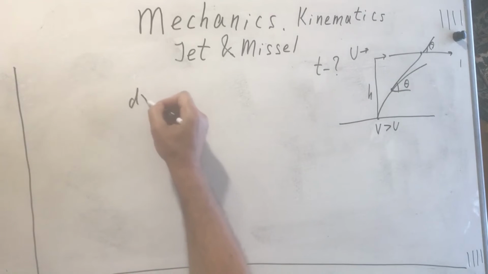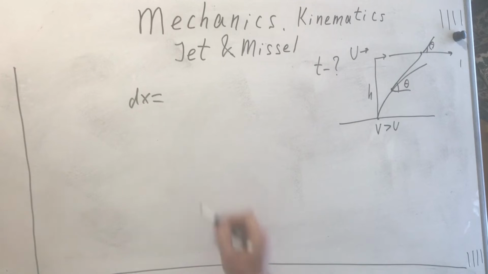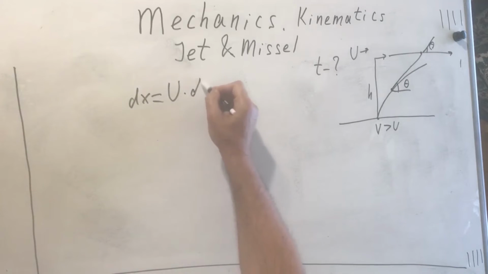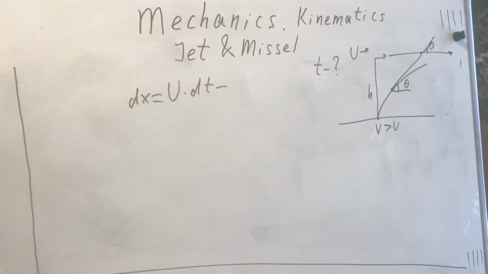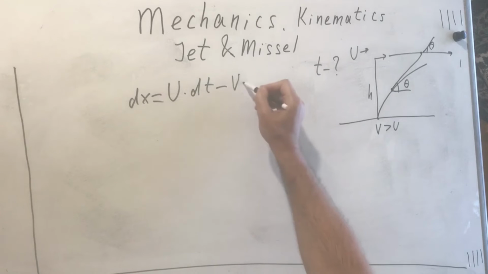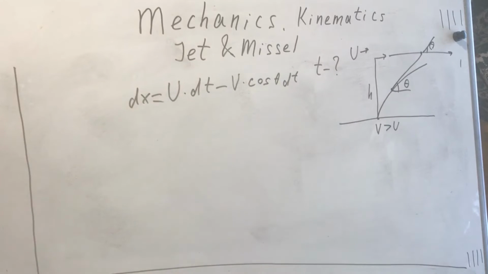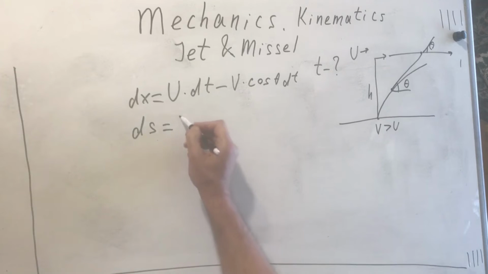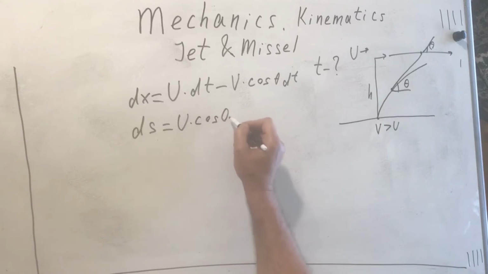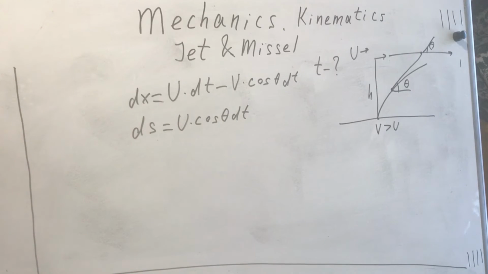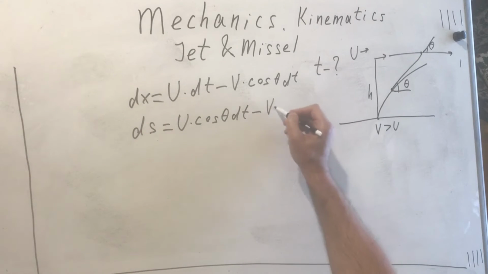So we now have dx equal, again u multiplied by dt, and now we need to subtract not u but v multiplied by cosine theta dt, and ds is now equal to the projection of the jet velocity on the direction s, which is u cosine theta dt, and we need to subtract how our missile reduces this distance, which is v multiplied by dt.